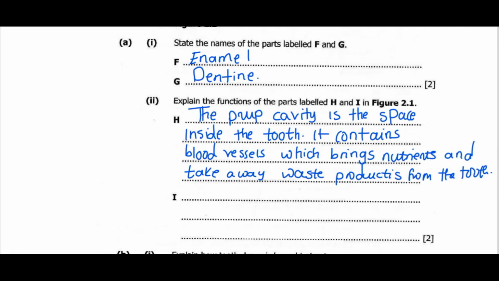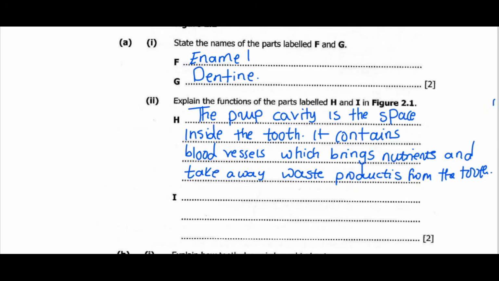So that is what is found in this pulp cavity. So it's a space. Then the other function of this, it also contains the nerve cells that transmit the pain signals to the brain when there is a hole in the tooth.